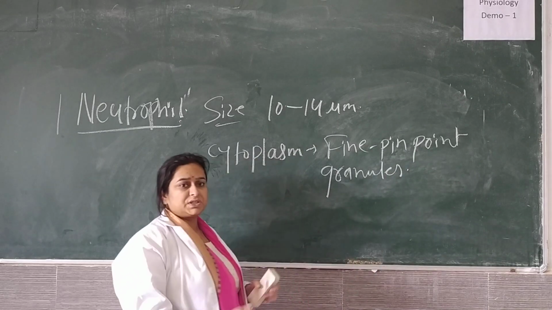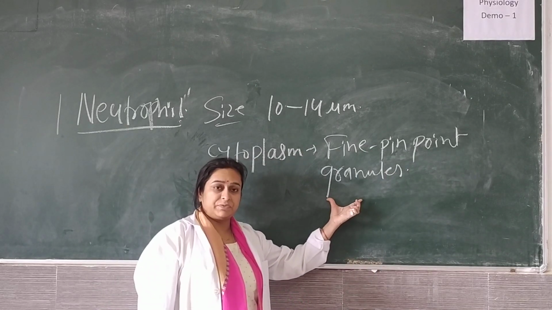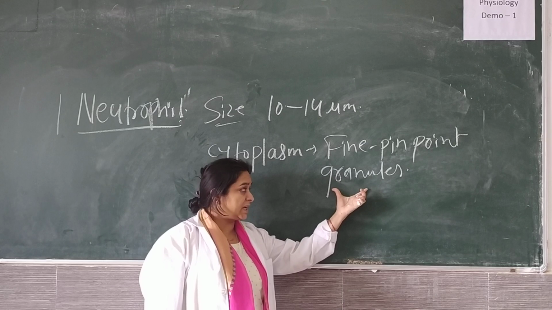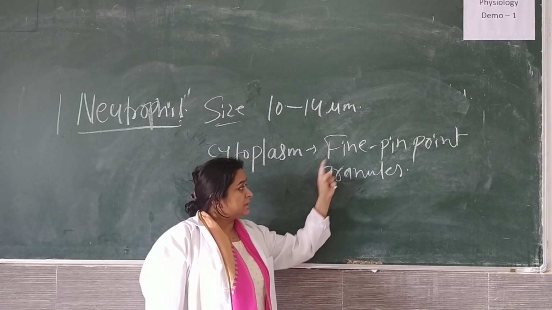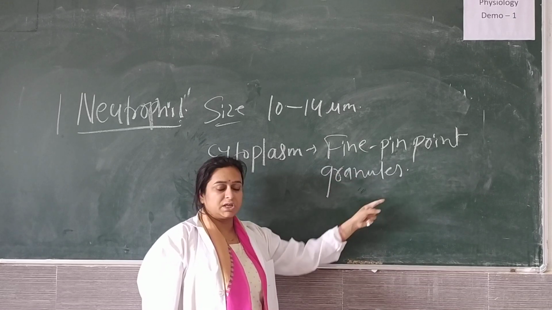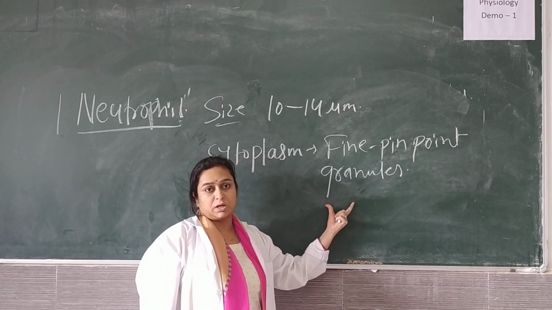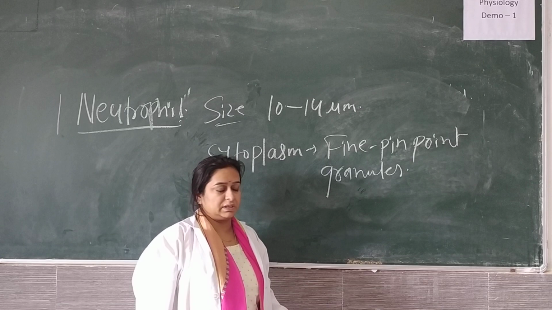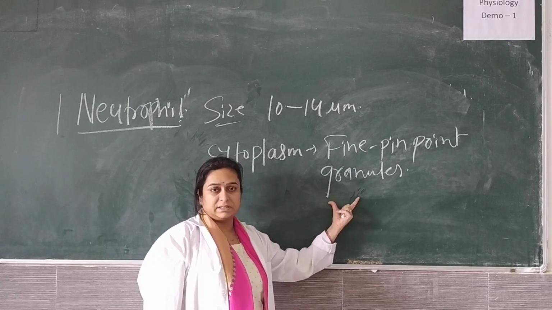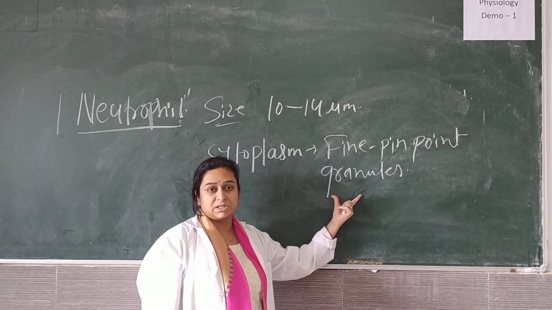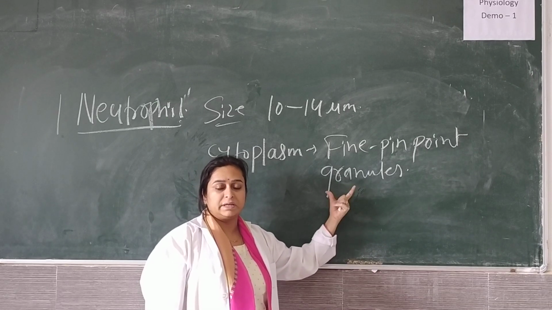Why are we stressing so much the classification based on granules and staining properties? Because these granules play a very key role when we talk about the functions of WBC. The granules, especially of neutrophil, consist of a few very strong enzymes.